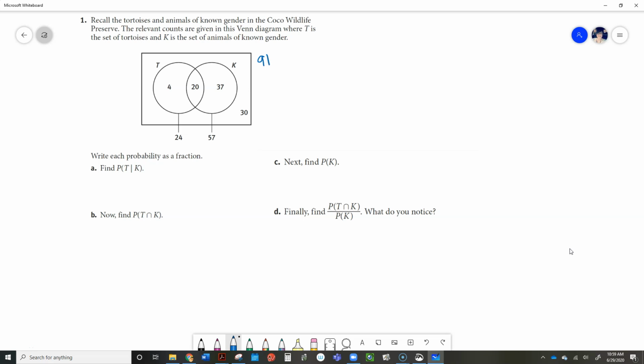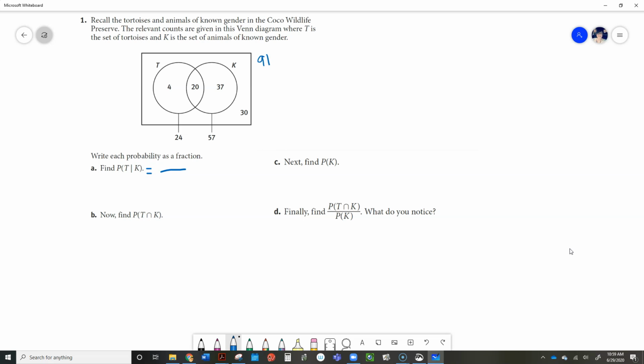Okay, so write each probability as a fraction. I don't really understand why they want us to write it as a fraction. It'd make just as much sense to write it as a decimal. But okay, find the probability of a tortoise given that we know its gender. Okay, its gender is known.